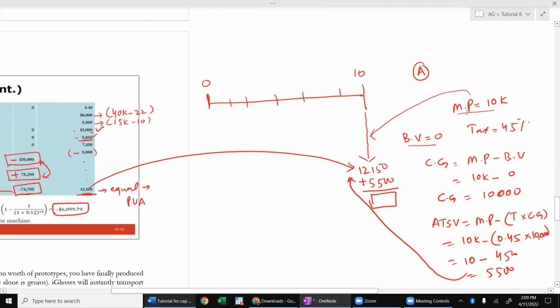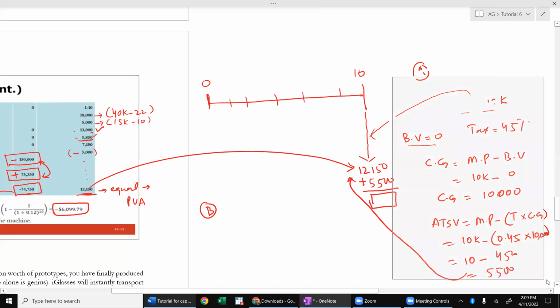Now let's create another situation, situation number B. Sometimes the question does not give you the market price. If the book value is 0, no issues, and the question does not give you any market price, then there is no issue.